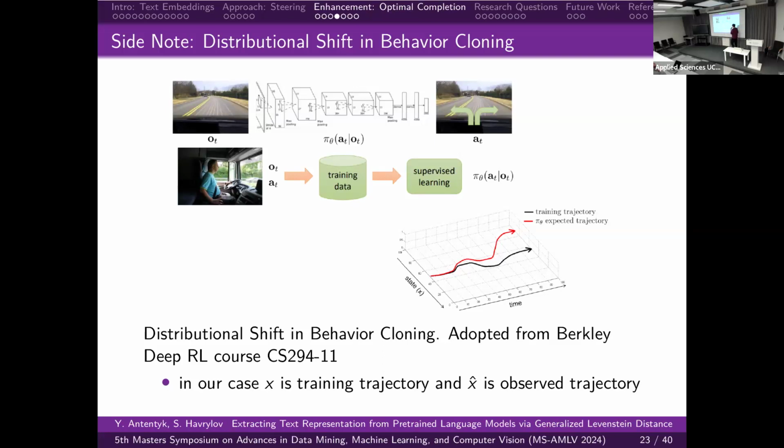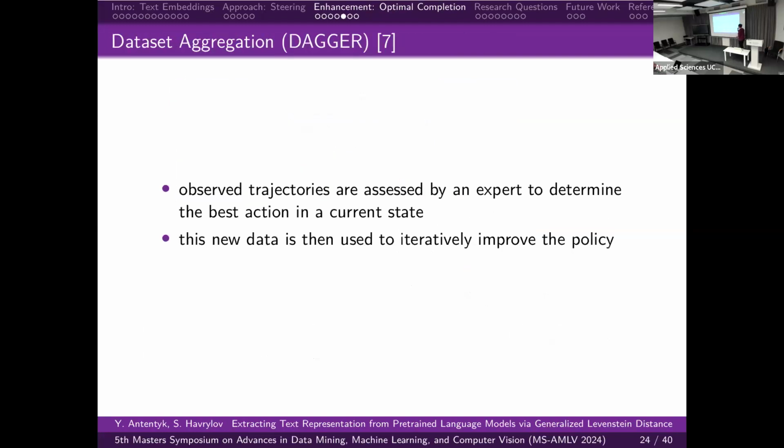But in reality, this policy will not work, because the trajectory will differ substantially from what the expert has done because of error accumulation, because the policy is not perfect. One of the ways to mitigate this is dataset aggregation.